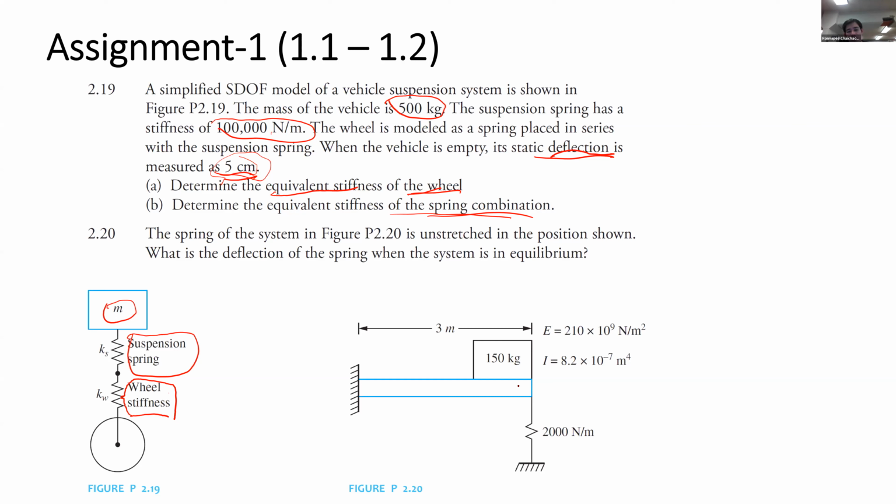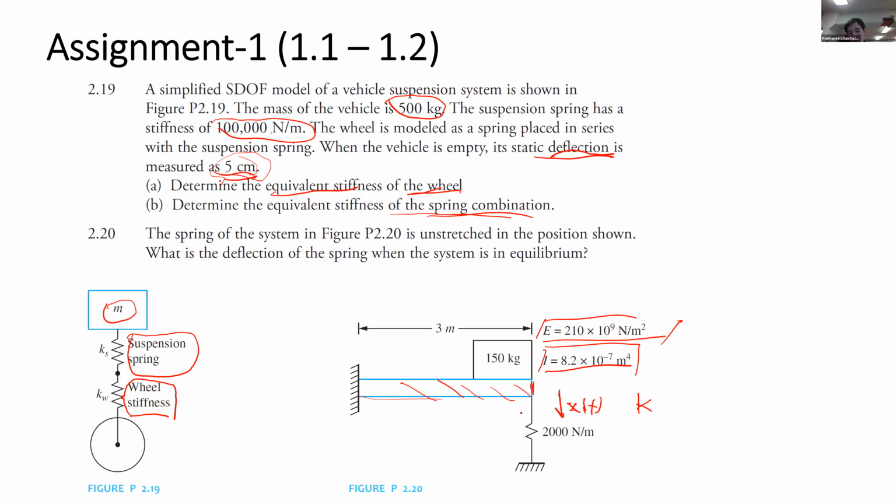In the second problem, they have the cantilever beam, for which we know the material property and the cross-sectional area property. So we should use the model to find the stiffness for the vertical displacement of the cantilever beam. And it connects with a linear spring here.